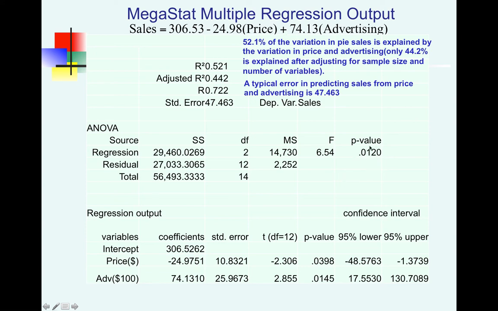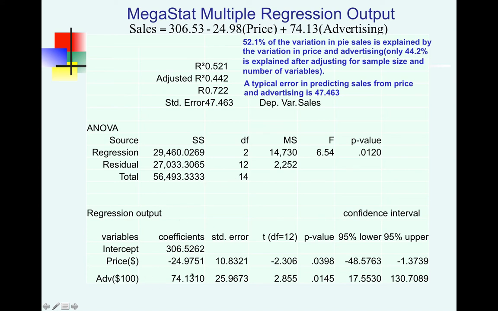So the fact that I have a low p-value here is 0.01. Well, it's somewhat low. If I were looking for 5%, I'd say 0.05, and this is less than 0.05. So I'm at least 95% confident that either price or advertising is a significant predictor, or a relevant predictor, of sales.